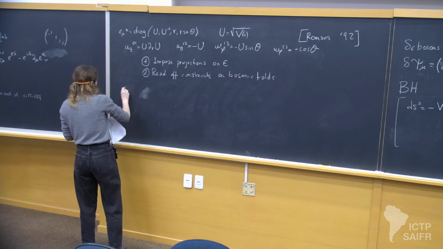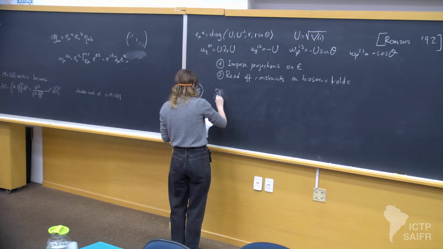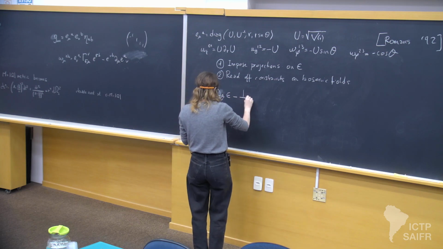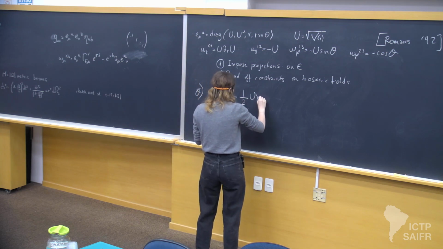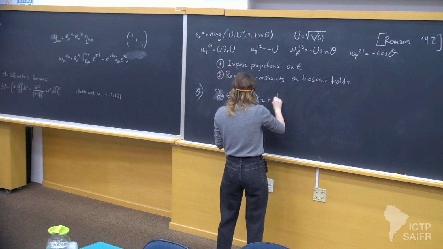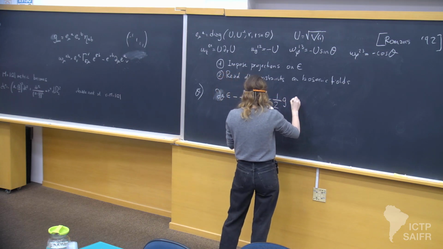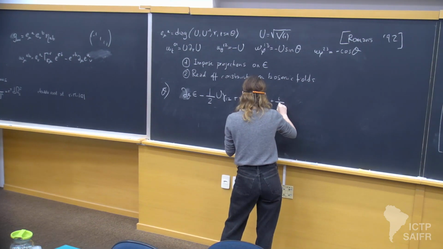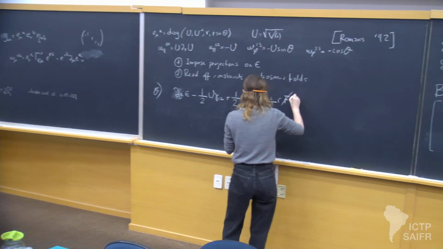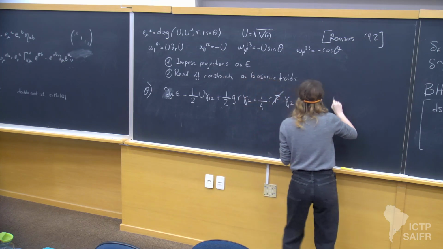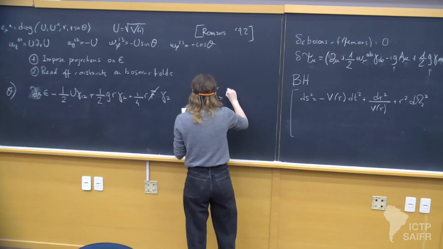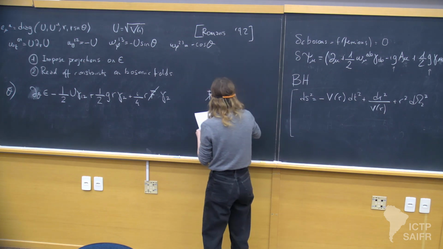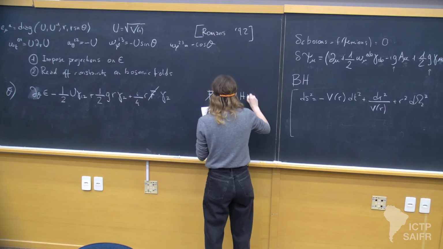We start from d theta epsilon minus 1/2 u gamma 1, 2 plus 1/2 gr gamma 2 plus I over 4 r f slash gamma 2, where f slash is just the contraction of f mu nu with gamma mu nu, and this is h gamma 2, 3.